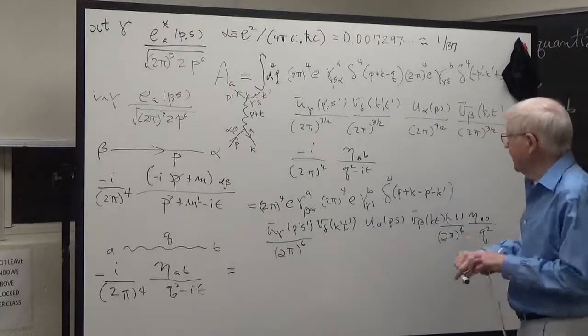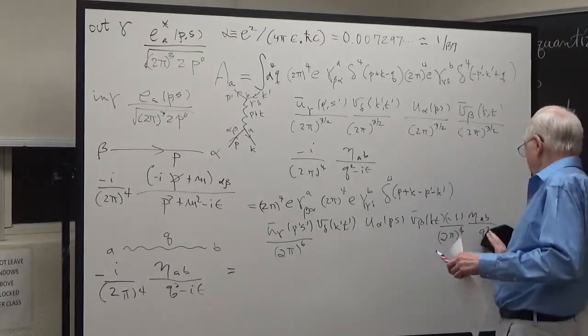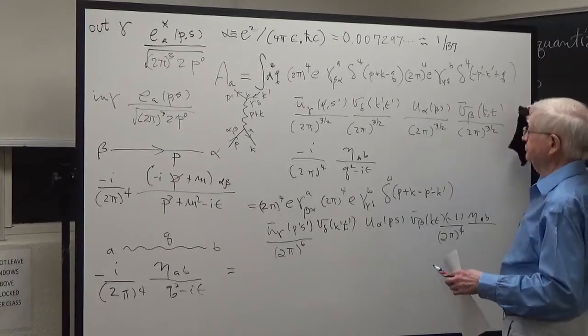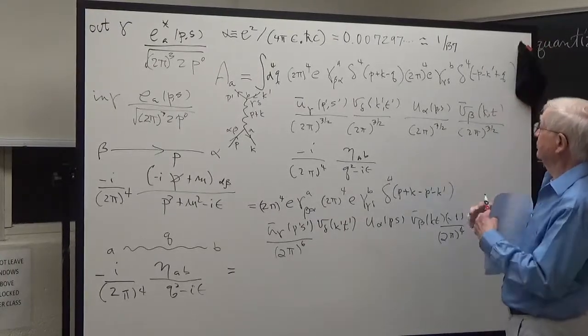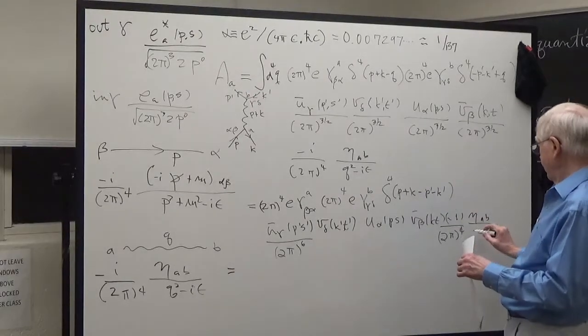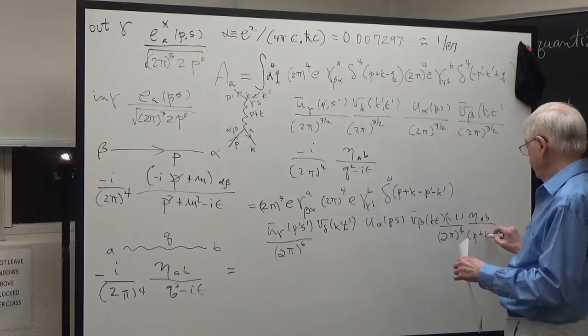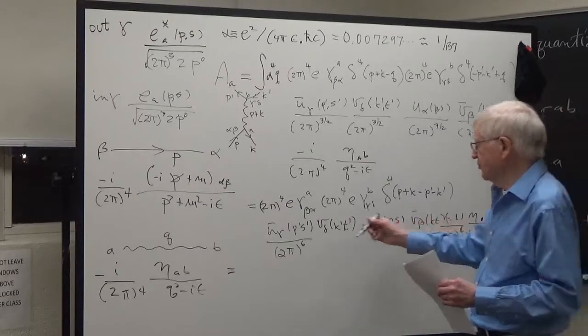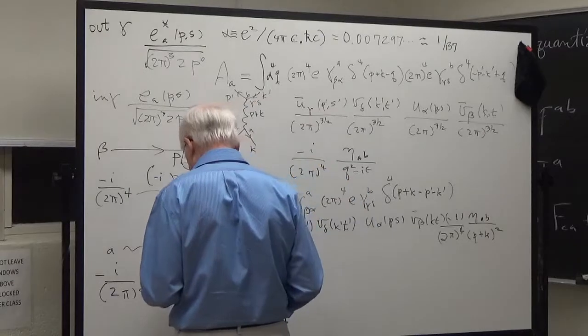Oh no, it's not q squared now, it's (p plus k) squared. I really need to follow my notes rather than drone on. Okay, now we can sort of reshuffle these things a little bit.